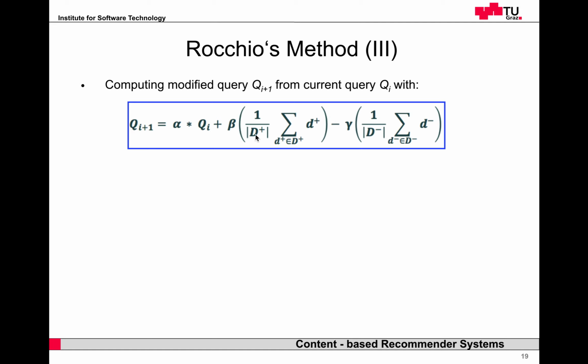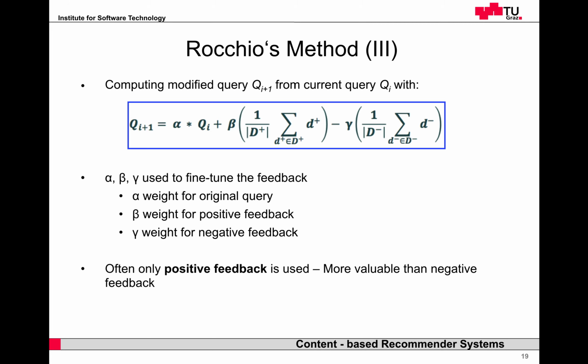D plus is the set of relevant document vectors, and D minus indicates the set of non-relevant document vectors. In this algorithm, normally only positive feedback is taken into account because it is more valuable than negative feedback.